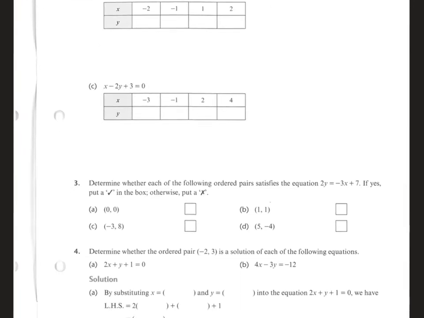Next, we come to number 3, which is asking you which ordered pairs satisfy the equation. Satisfy here means that the left hand side equals the right hand side.